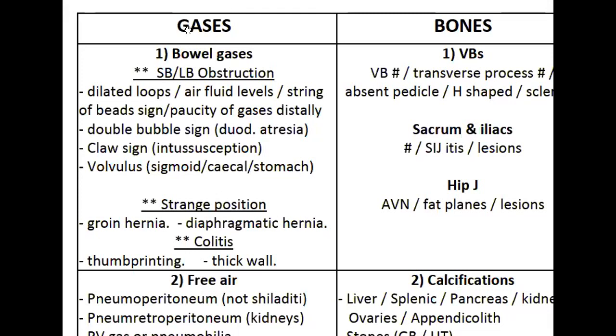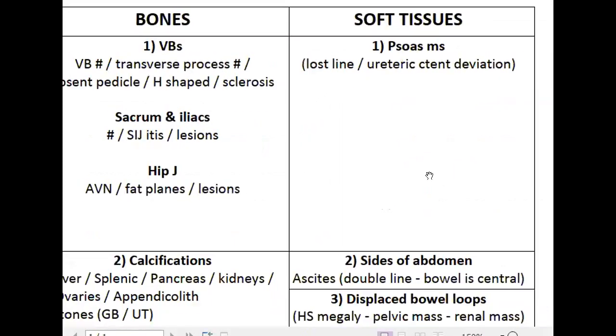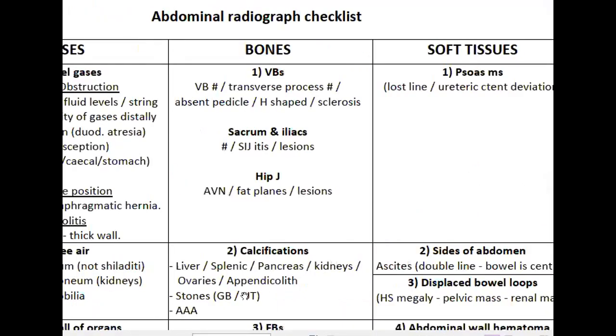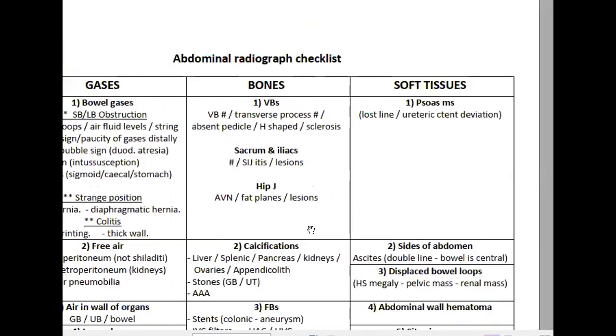You have the gases, the bones, the soft tissues, and the calcification. I showed you the most common calcifications, but you still have the air, the bone, and the soft tissue. For calcification, don't forget the appendicolith, stones, aneurysm and so on.